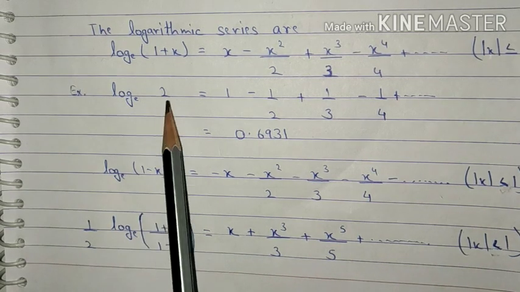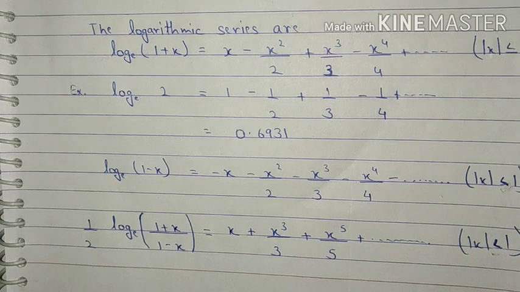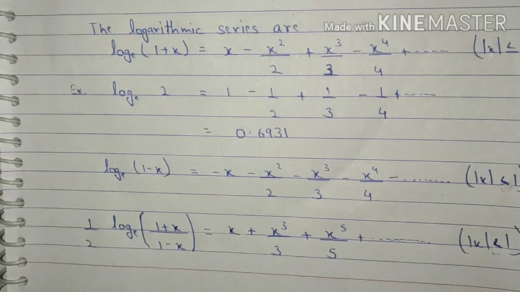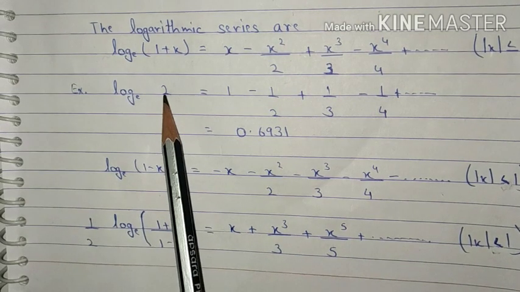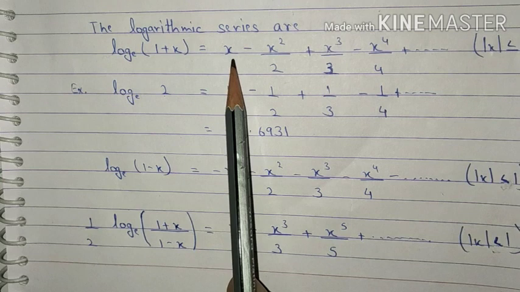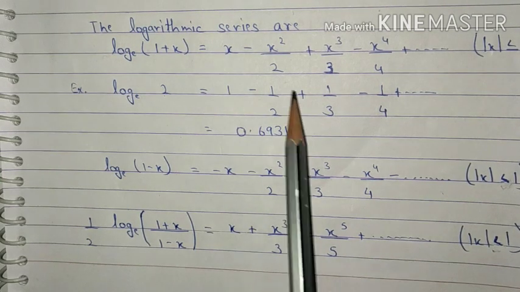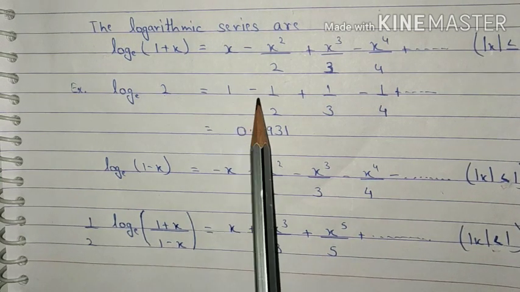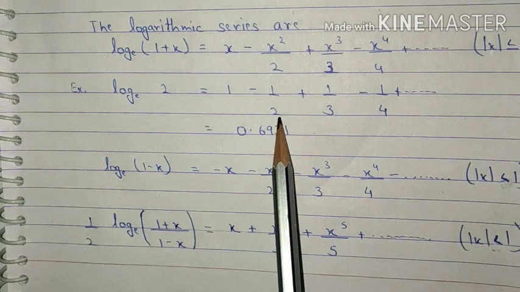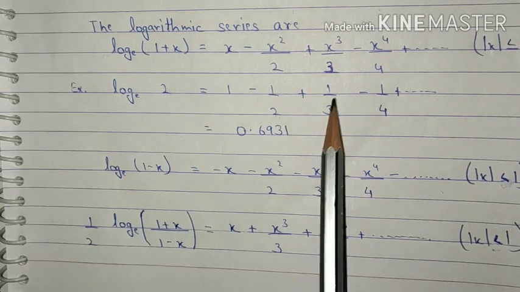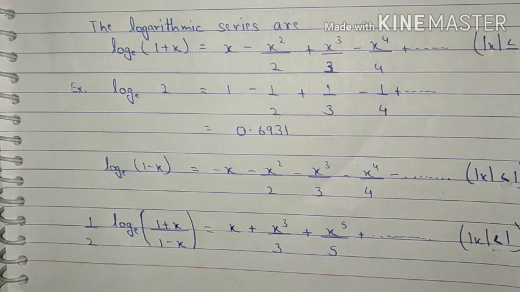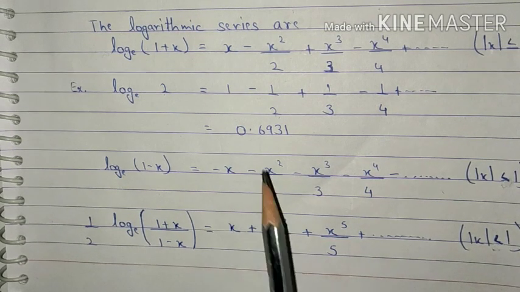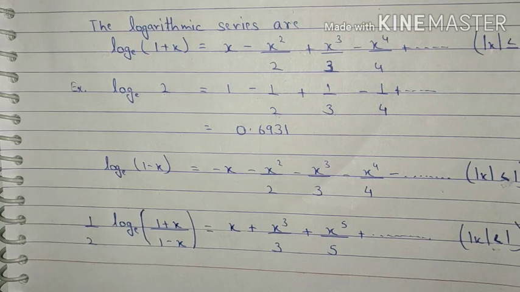For example, if we find out the value of log e of 2, what do we observe over here? Now 2 can be written as 1 + 1, that is the value of x becomes 1 over here. So replacing x with 1 in this particular equation, what do we have? 1 - 1^2/2, which is 1/2, + 1/3 - 1/4 plus so on, which amounts to a total of 0.6931.